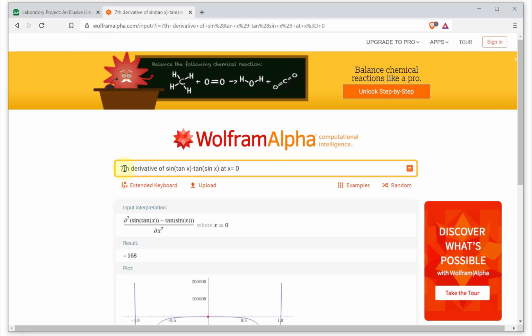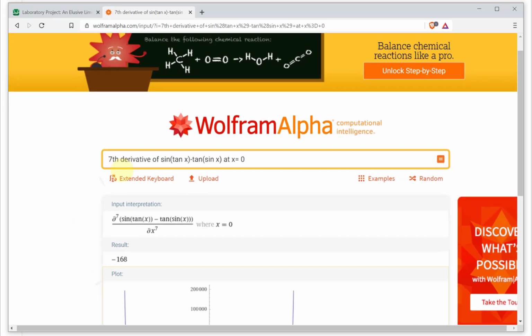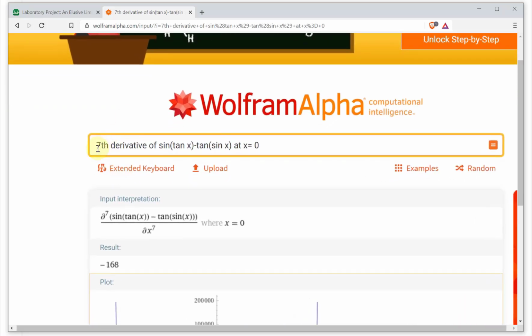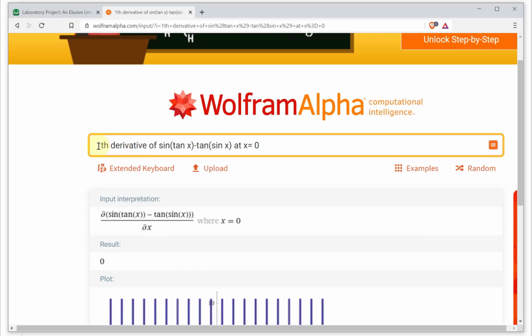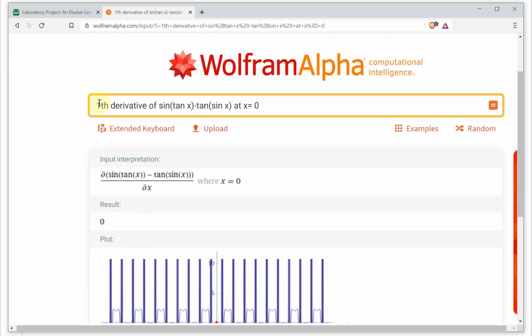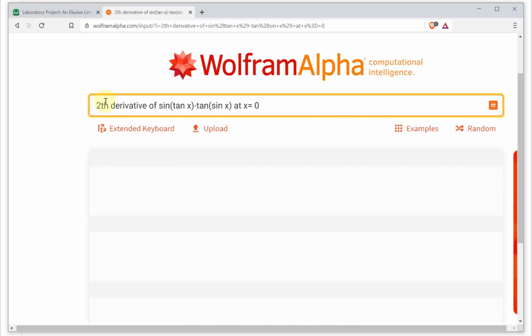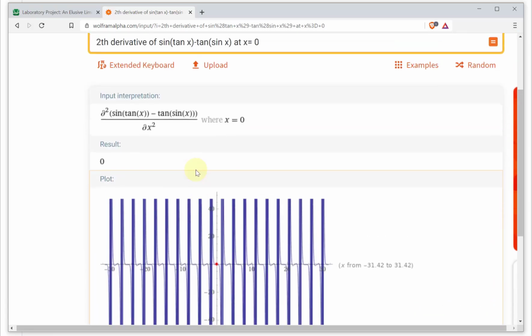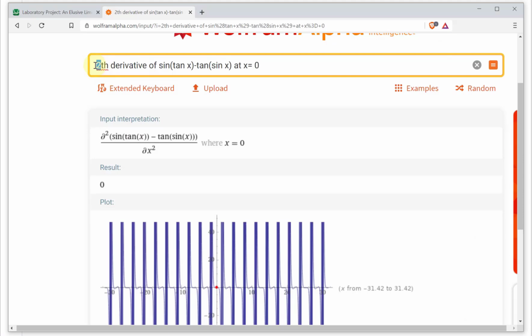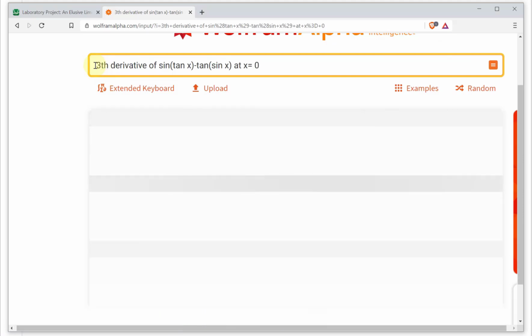And we can just illustrate this here. If we write the first derivative of this one, zoom in, it gets to 0. If you go to the second one, it gets to 0. The third, it's calculating, and it's 0. There are some graphs that are pretty wild.